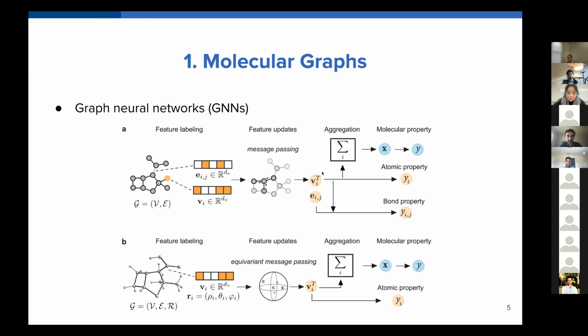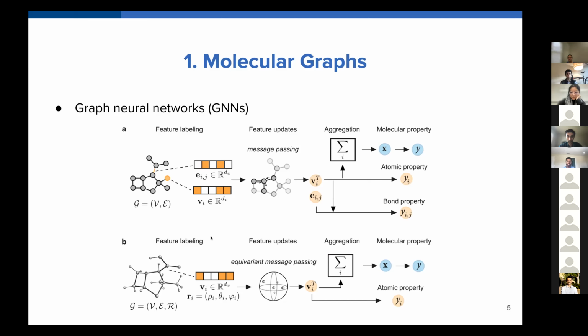From here, with these features, we can do a lot of downstream tasks. First, we can use, for instance, the node features to predict properties of particular atoms. We can also use node features combined with edge features to predict certain bond properties between atoms I and J. And finally, we can aggregate all of these features in the graph and predict a molecule level property for the whole graph.